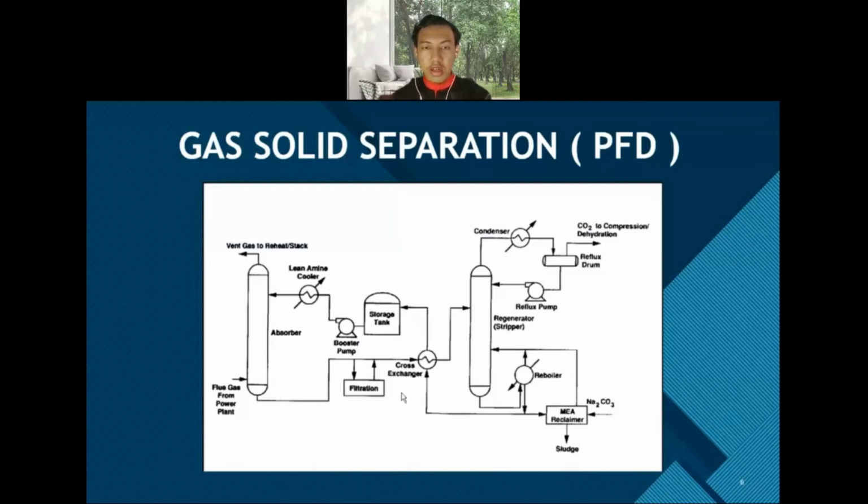So at the stream, the gas and the solid are separated by the filter, where the solid is filtered out and becomes a sludge. Meanwhile, the gas is separated to the condenser and also to the storage tank and goes back to the first distillation column to become a vent gas to reheat and stack. So that's the simple explanation of what gas solid separation is.